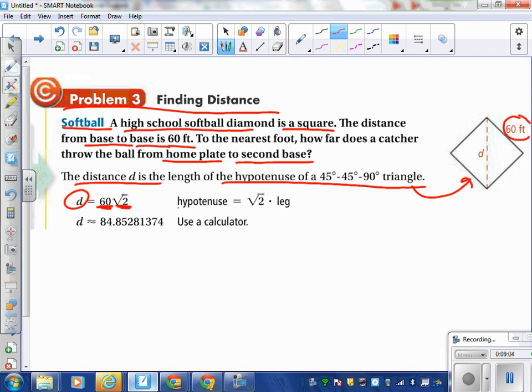If you put 60 times the square root of 2 in your calculator, you'll get 84.85, etc. Rounding that, the distance would be 85 feet. So there, that's when you're going to use this 45, 45, 90 theorem.